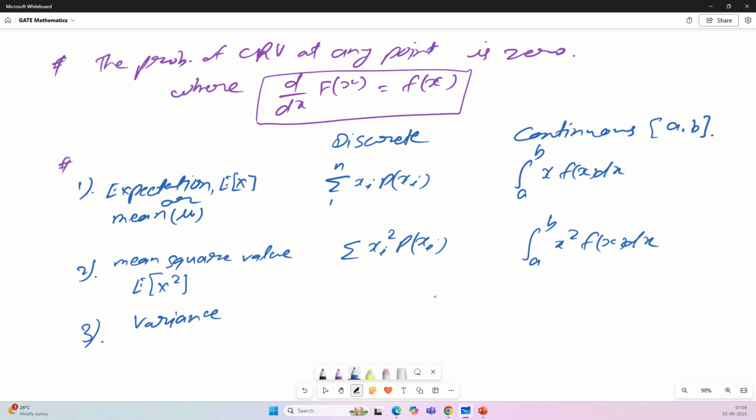Variance is represented by V of x, which is also written as sigma x square.